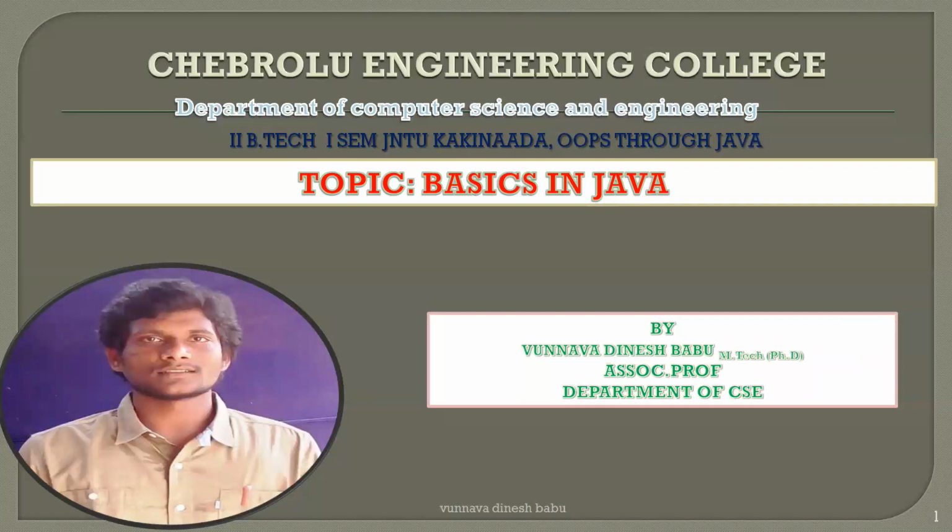This keyword can be used to refer to the current class instance variables. It is used to invoke the current class methods implicitly, and it is used to execute the current class constructor, and we have another three uses of this keyword.